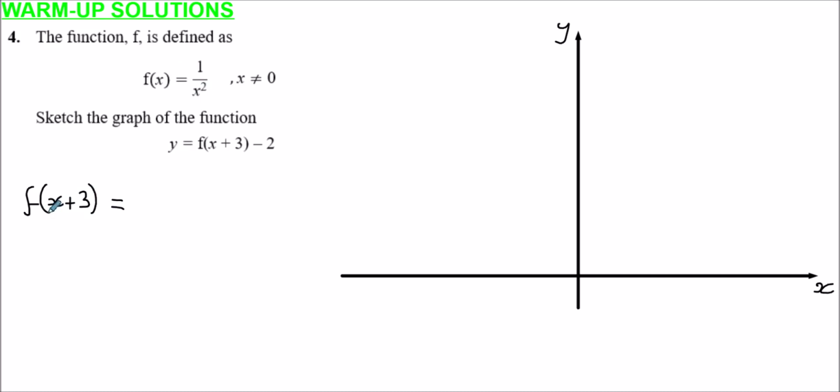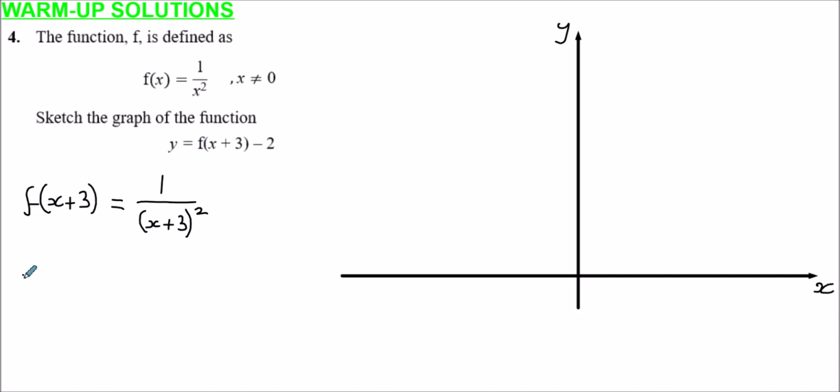If our input is x plus 3, we're going to do 1 over x plus 3 all squared. So this is going to have an asymptote at minus 3. If we imagine the original function 1 over x squared, this is going to shift it back 3 units.